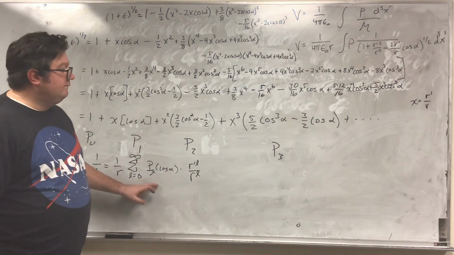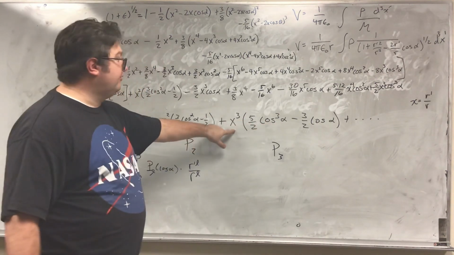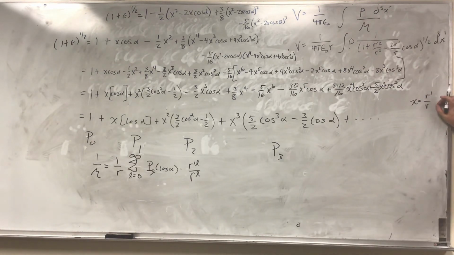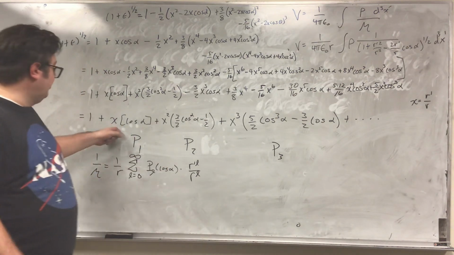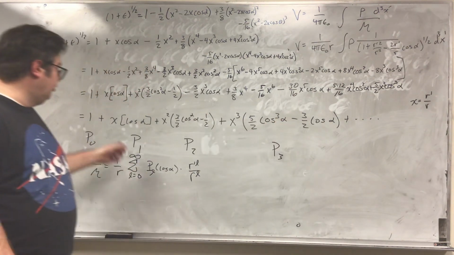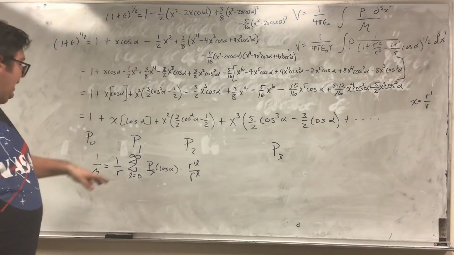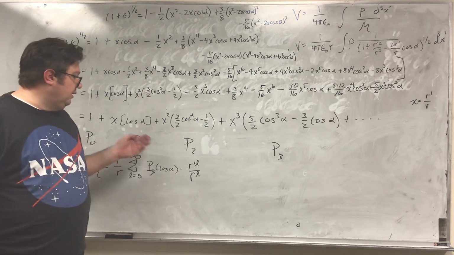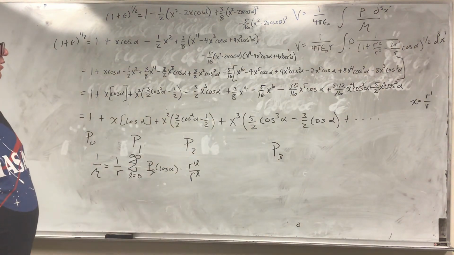So here, remember this is in terms of x, and I know that my x is r prime over r. So that allows me to have this summation here, where my x's are getting higher in power, r prime over r. And here I have my Legendre polynomial, so that's also increasing, and that allows me to write this in this form.